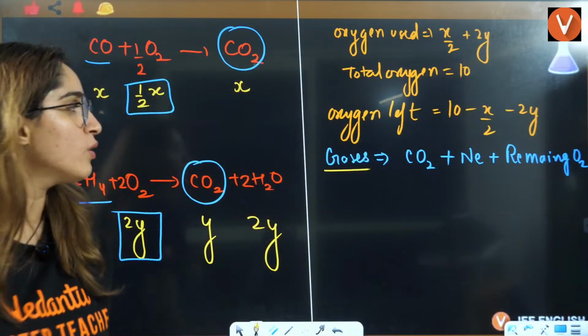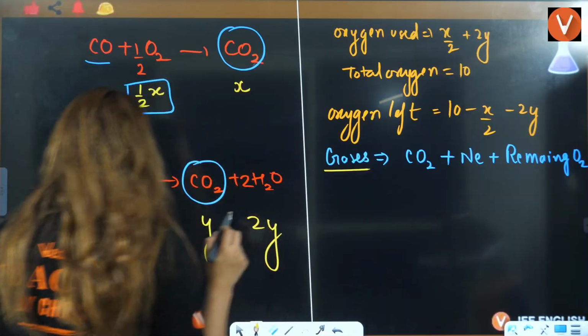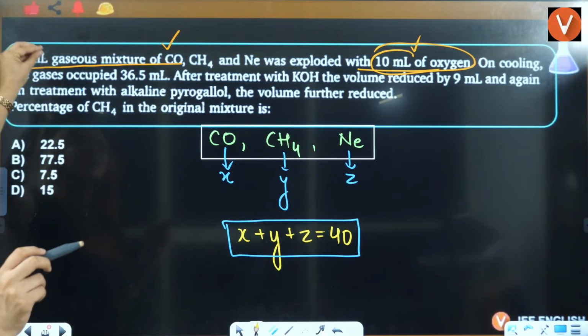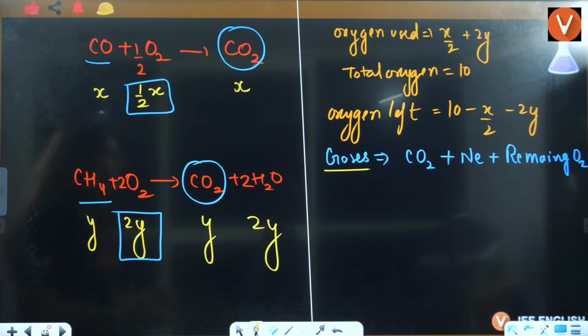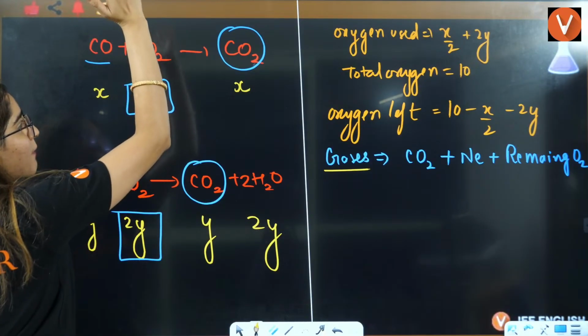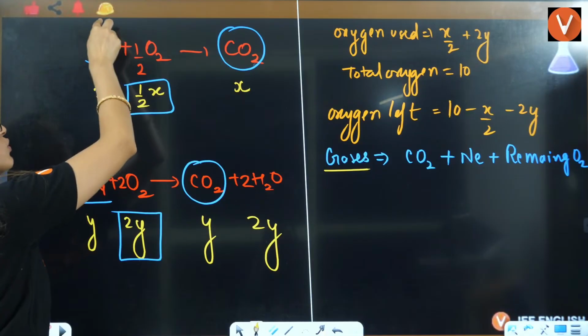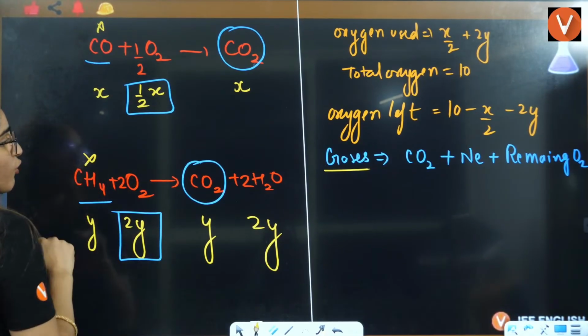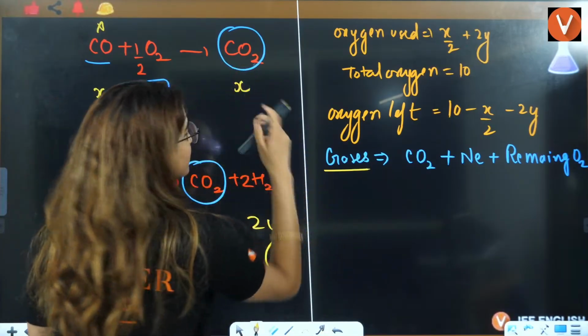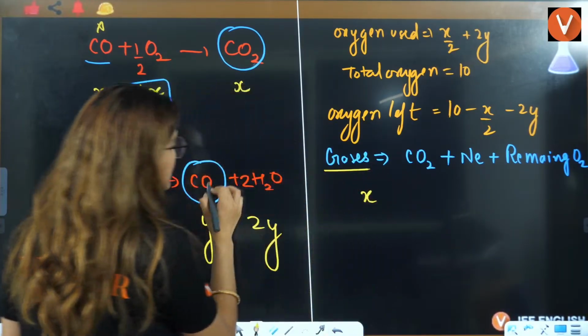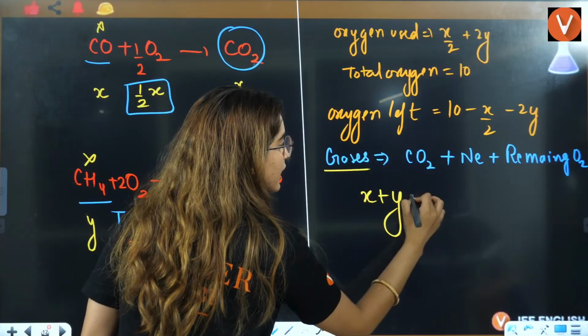Now, the third part is what they are saying: the gases occupied is this. Now you have to see what the gases are. This reaction has already happened. In the reaction, you have no CO, you have no CH4 now. You have CO2. So CO2 from this side will be X, from this side it will be Y, right?